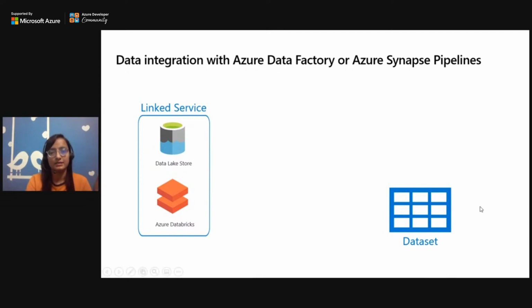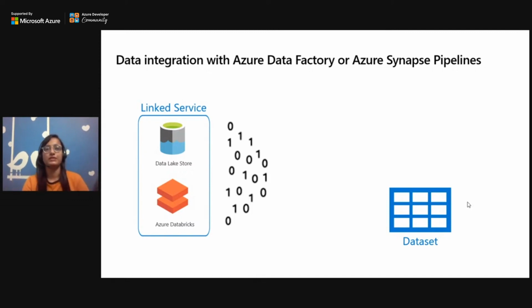So all the details of the location and the file properties I am going to define under your dataset. So dataset is a component that we use for specifying the location of your data. It is going to point to the location of your data. And with the help of this link service, your data factory is going to authenticate, and we are going to refer the location with the help of dataset.